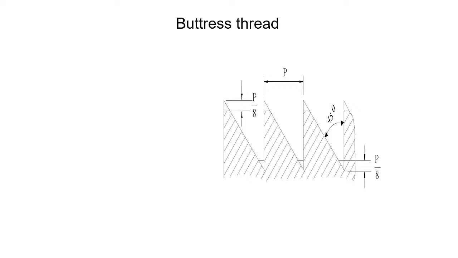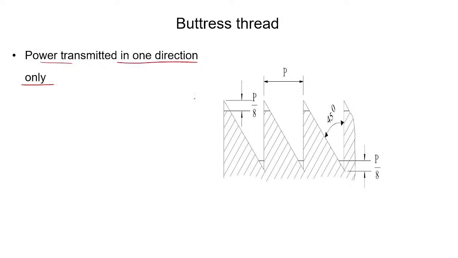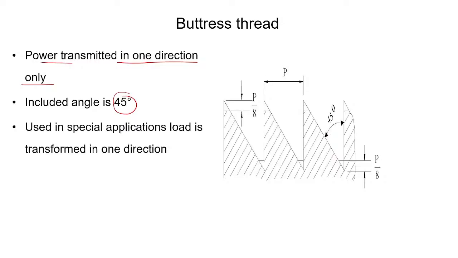Next is the buttress thread. Here the power is transmitted only in one direction, unidirectional. The angle included between the flanks is 45 degrees, and it is used in special applications where load is moved only in one direction.